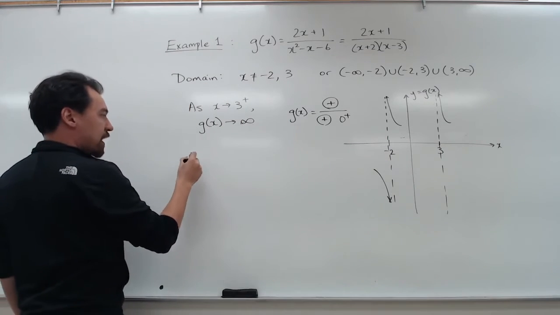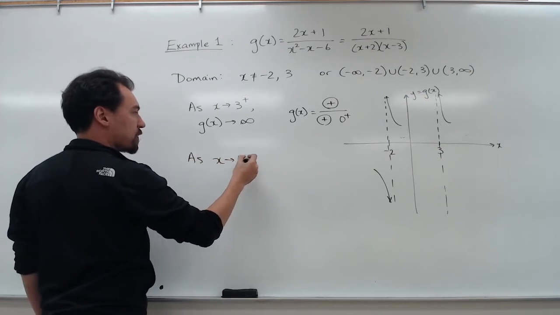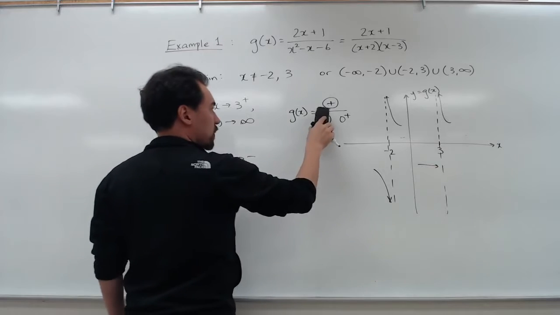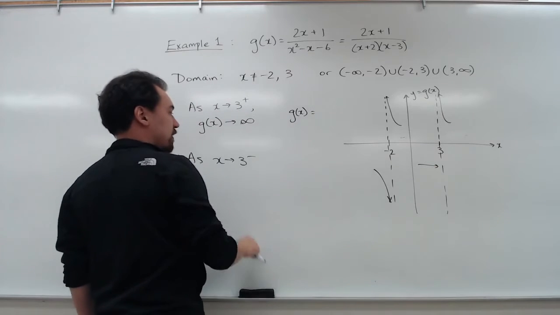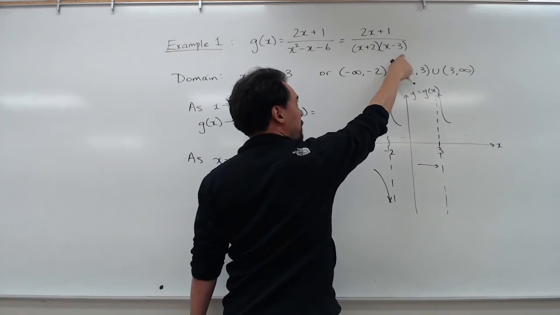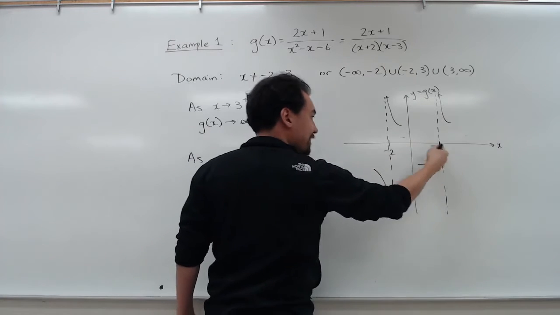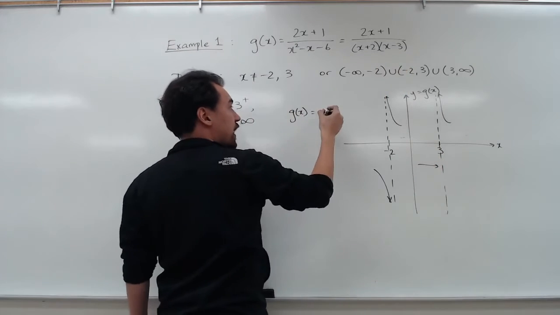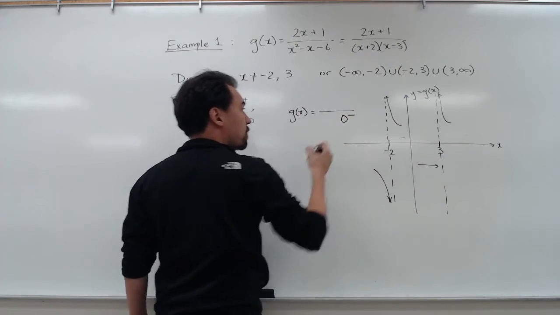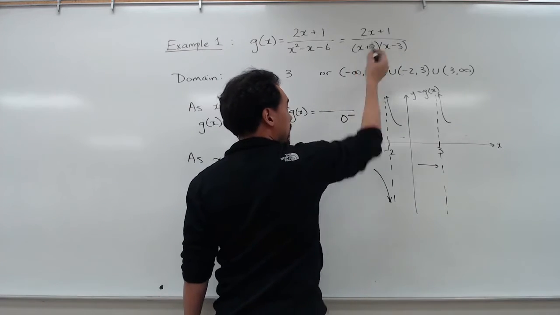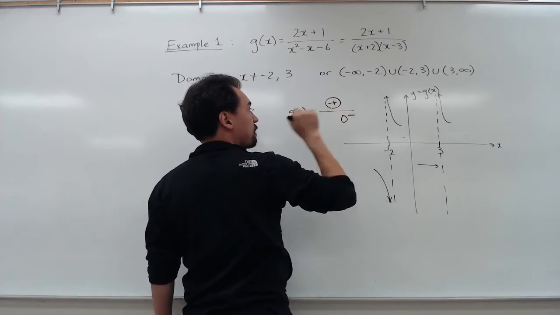Then, as x approaches 3 from the negative side, so I'm approaching this way, we'll erase this and look at it again. I'm approaching 3, so if I plug in close to 3, I'm close to 0. But since I'm less than 3, like 2.999, minus 3 gets me a negative number. So I'll put close to 0, but negative. And then I plug in close to 3 to the rest. I get close to 6 plus 1 is close to 7, very positive.